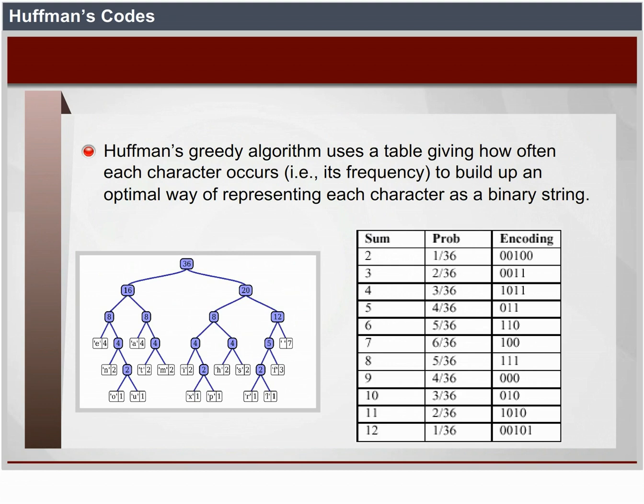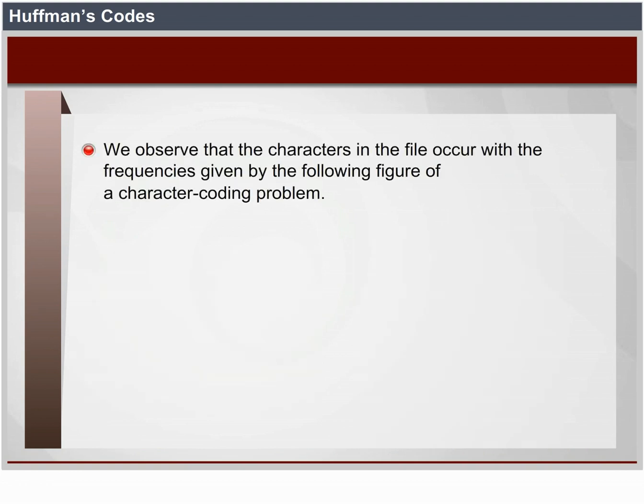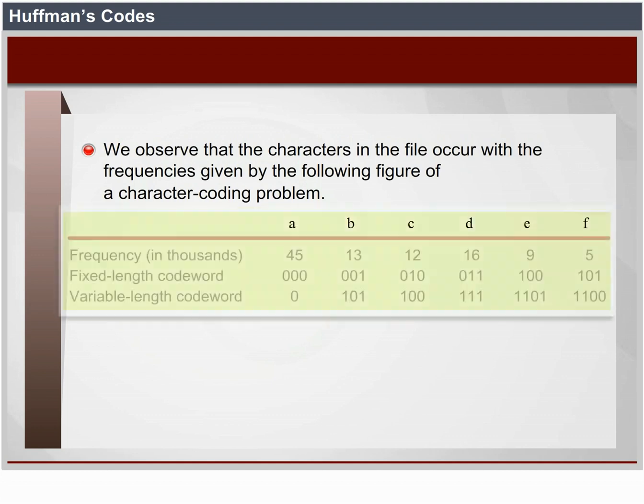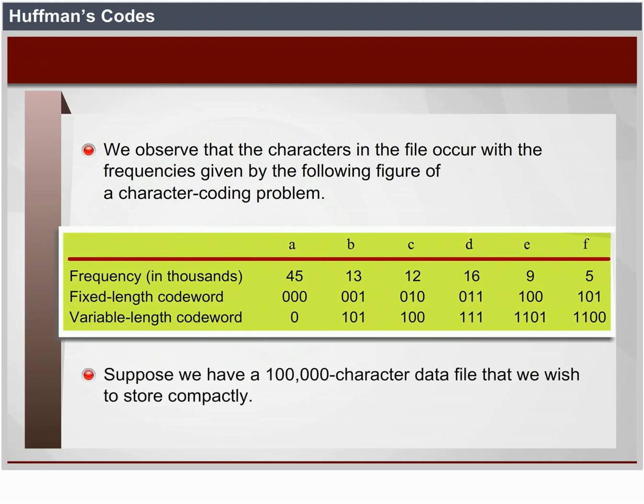Suppose we have a 100,000 character data file that we wish to store compactly. We observe that the characters in the file occur with the frequencies given by the following figure of a character coding problem. This data file of 100,000 characters contains only the characters A to F with the frequencies indicated.